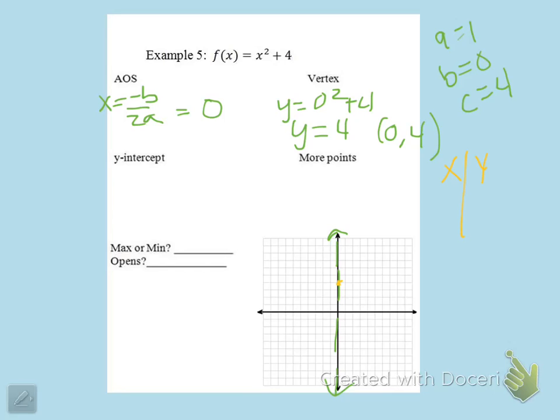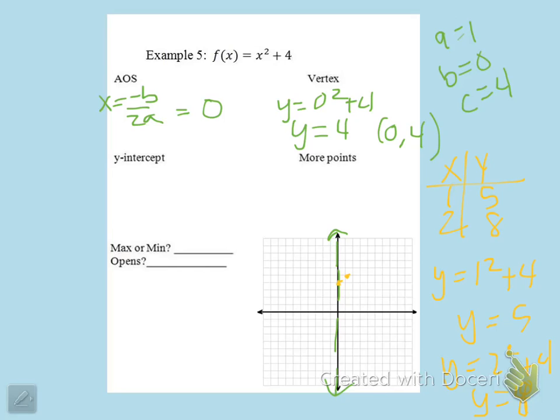So for testing points, let's try 1 and 2 again. Okay, so 1 squared is 1, plus 4 is 5. 2 squared plus 4, so 2 squared is 4, plus 4 is 8. Oops, 8. So we got 2, 8. So let's do 1, 1, 2, 3, 4, 5.